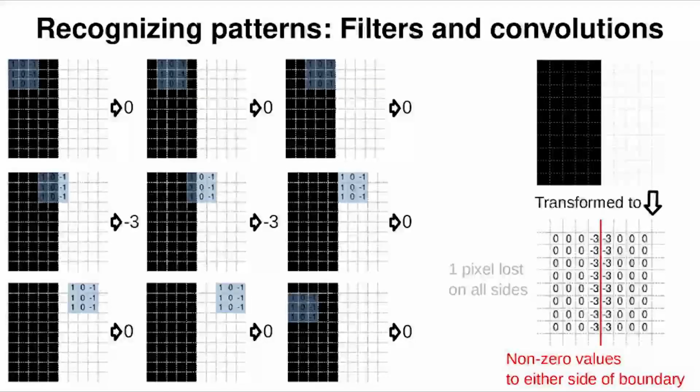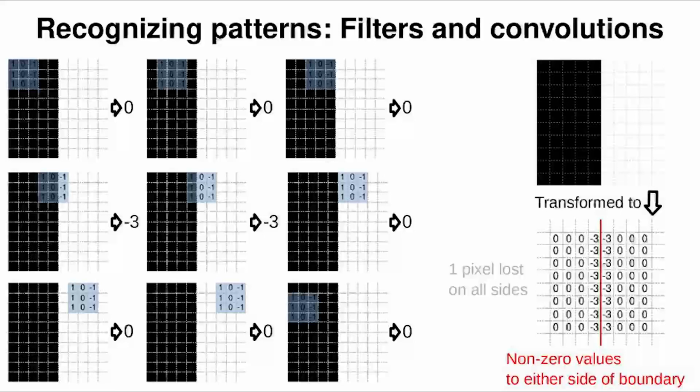So what we find is that we get a non-zero value for the convolution when the filter overlays the boundary between the black and white regions. And we get a zero value for the convolution when it does not.